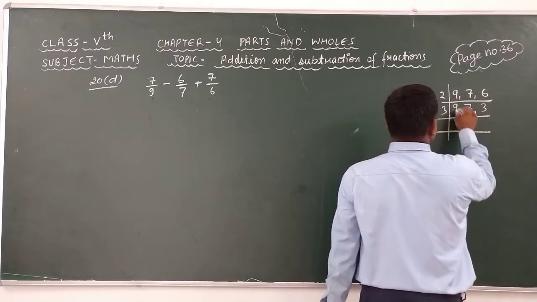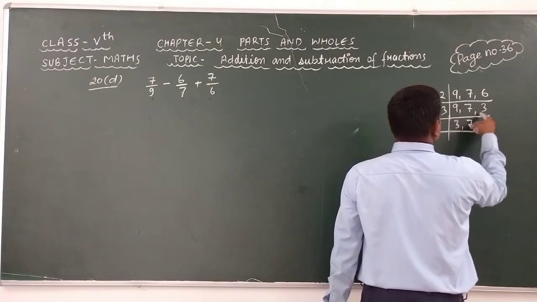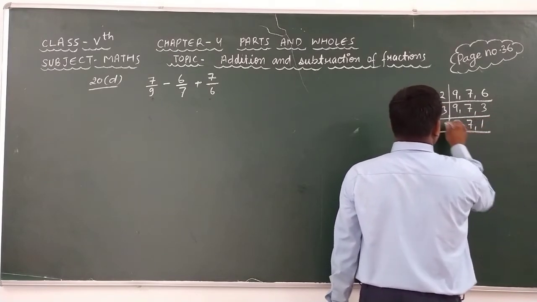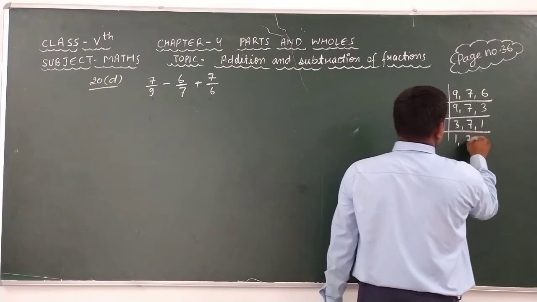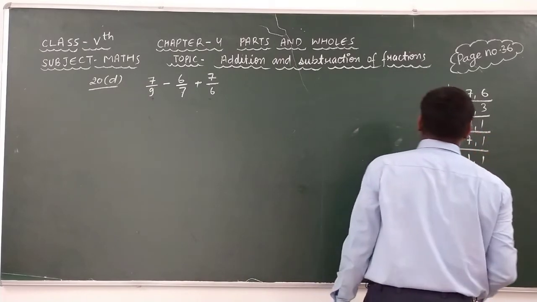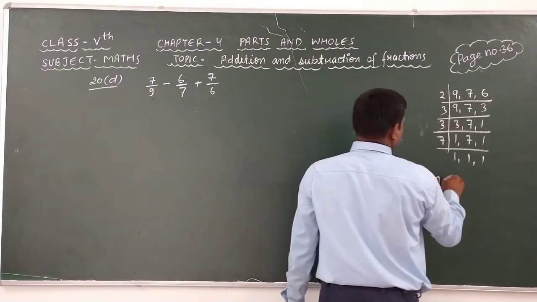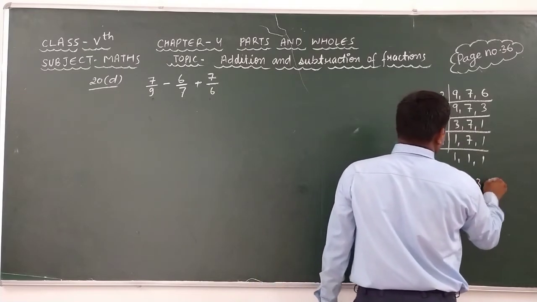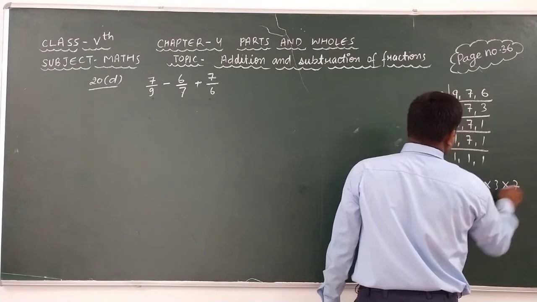Again we take 3: 3 3s are 9, 7 1s are 7.